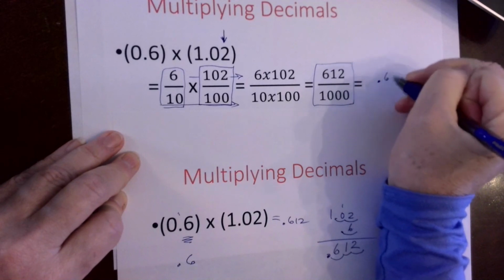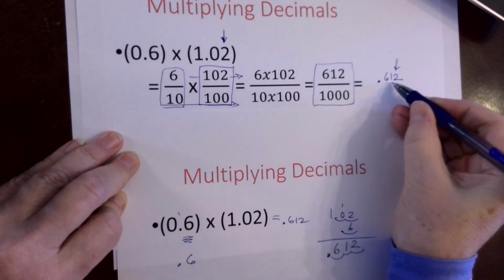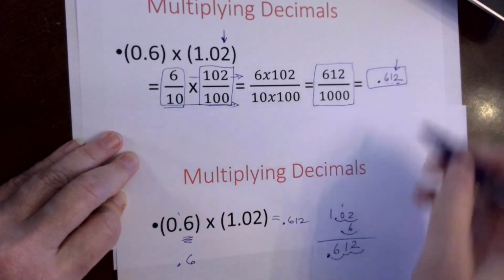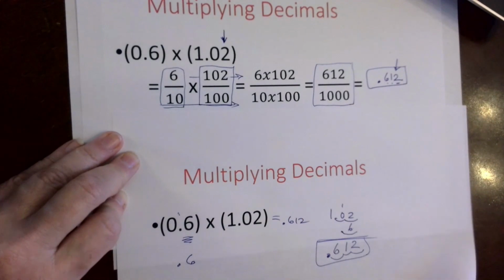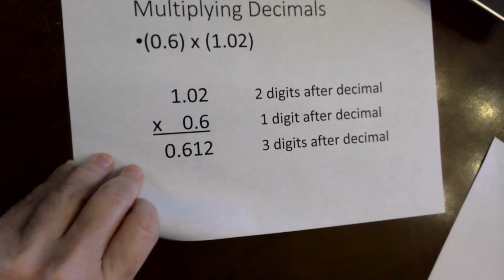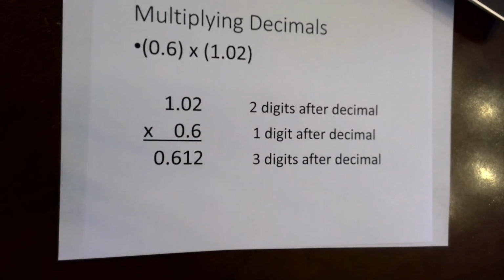That means 612 must end up in the tenths, hundredths, thousandths columns. Same answer as we had before. This is the way I explained it the first time. So you can study this by pausing the video.